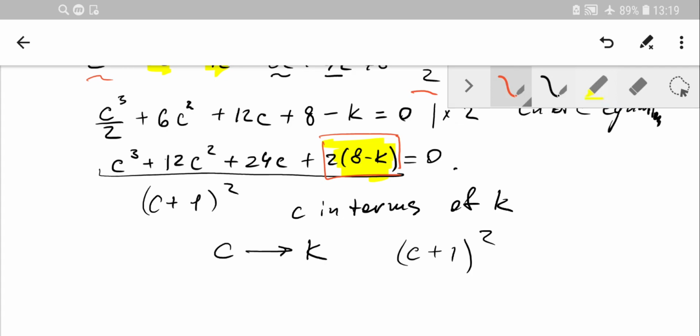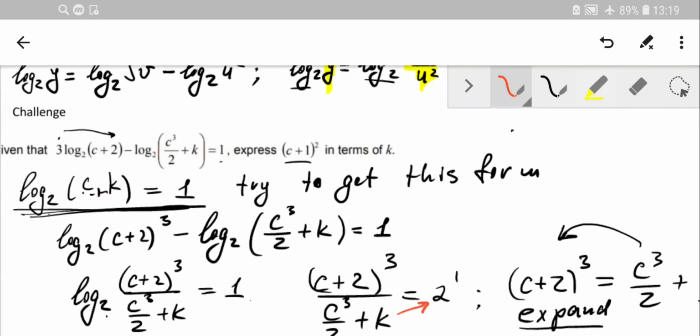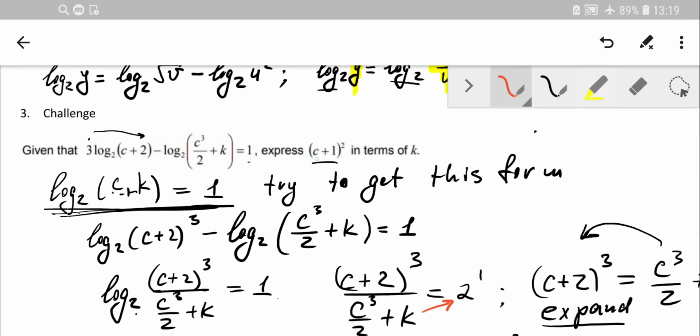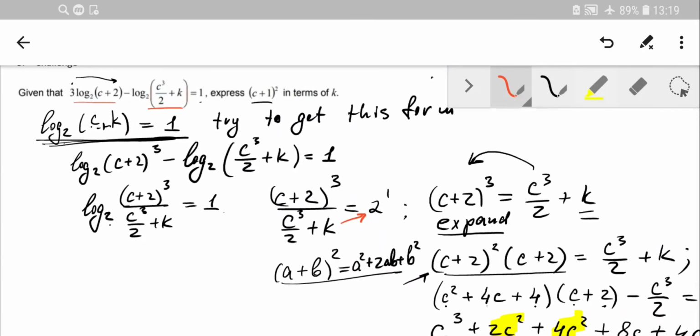But it seems to me that either there is a misprint in this task, so probably you need to express something like (c + 1) cubed, or you need to have another expression for that one. I'm not sure that they have the right structure for that.